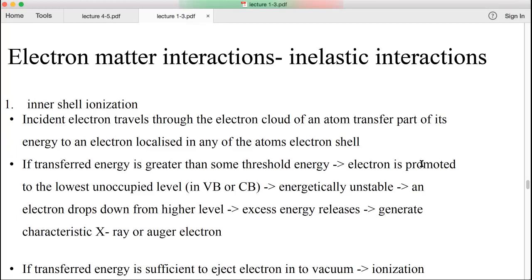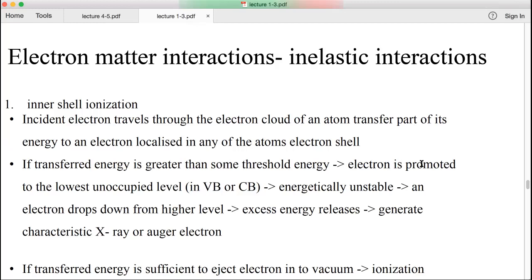and if this transferred energy, the part given by the incident electron, is greater than some threshold energy or the binding energy, that means this electron orbiting around the nucleus is held by the nucleus, right? This electron is attracted towards the nucleus.